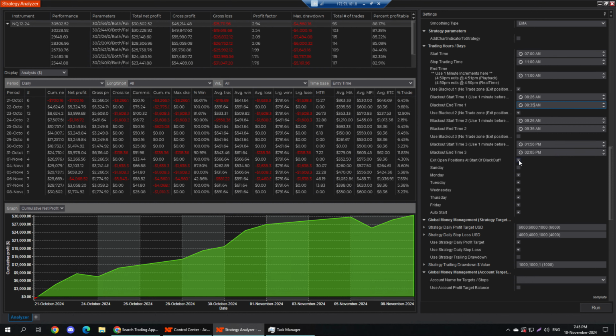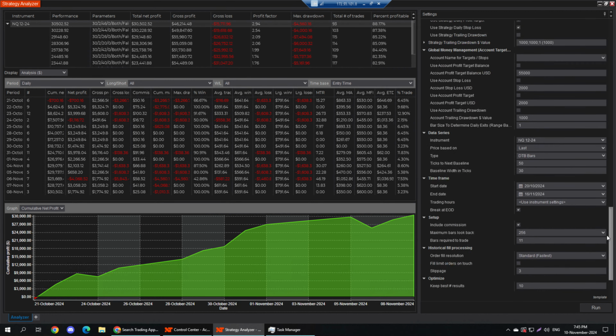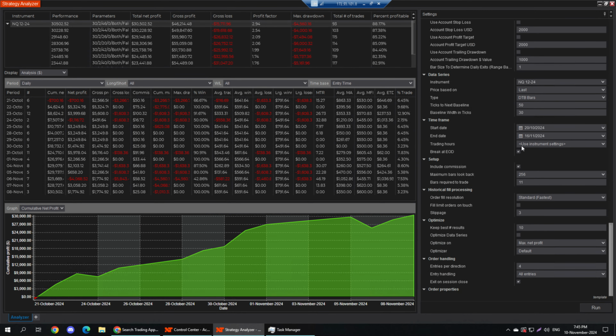You want to make sure you exit positions at the start of the blackout, so have that ticked as a fail safe, because something could go crazy during this time and the price could jump beyond your limit orders that are placed, which could kick the strategy out. Okay, so we've done that. We can keep our daily values the same, and we'll keep our bar size the same too.